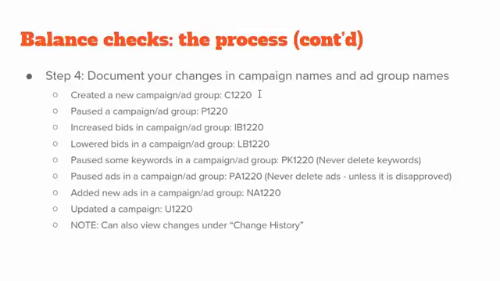You should be able to know that. So usually I do not put a year in campaign or ad group names. Now, if you pause a campaign or ad group, I use P1220. I paused this campaign or this ad group on December 20th. Increased bids, I use IB1220. Lower bids, I use LB1220.